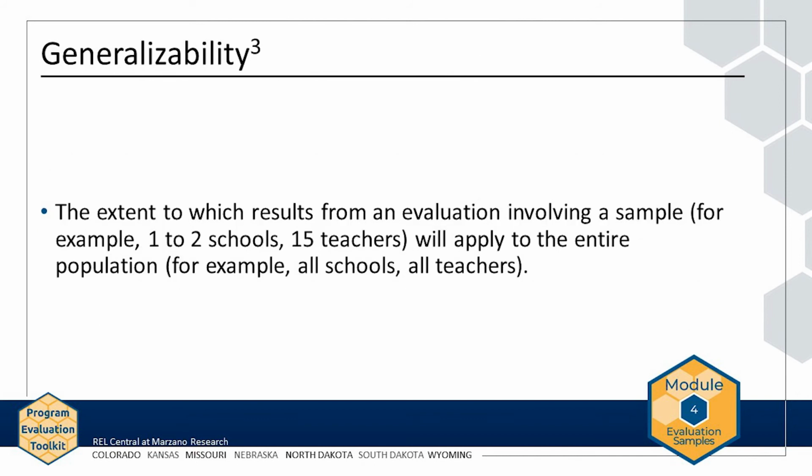Another key consideration when sampling is generalizability, which concerns the extent to which your results will apply to different types of individuals and contexts. For example, in the previous activity, all the teachers volunteered to be interviewed. It is important that the AMP evaluation team is aware of this limitation when the team decides to which populations the team might be able to generalize the results obtained from the sample.